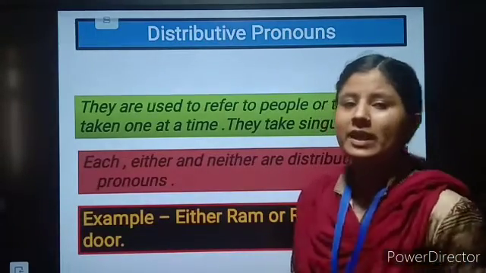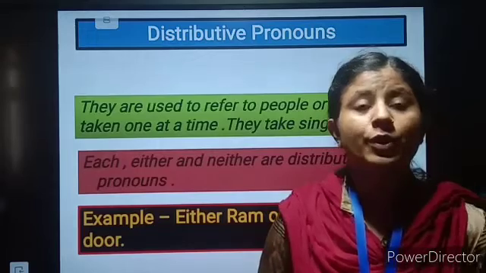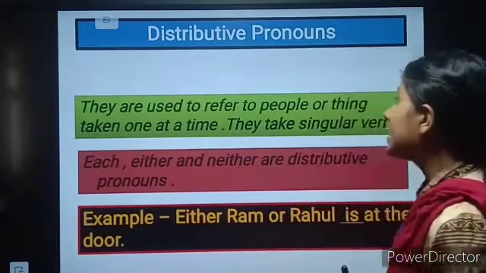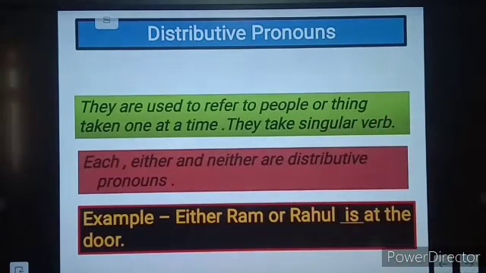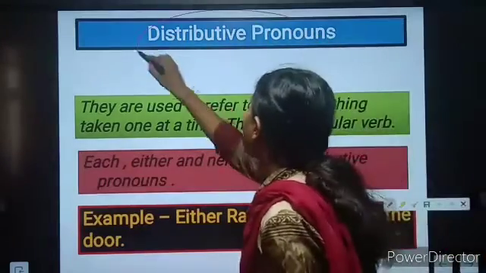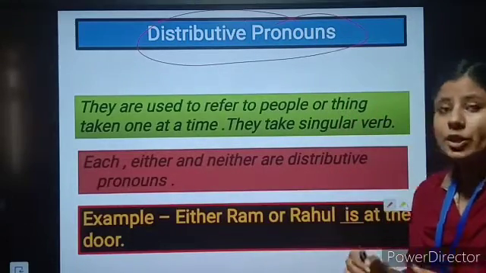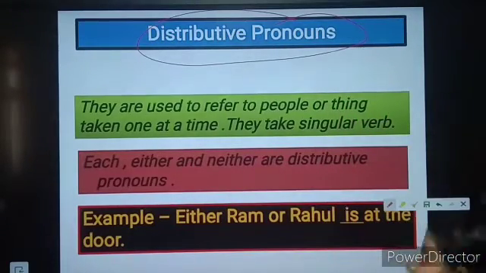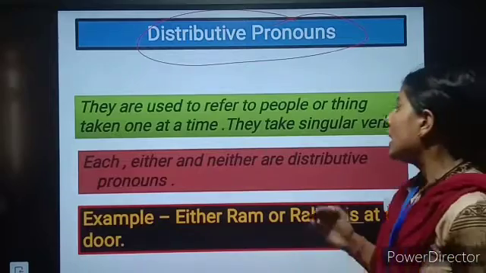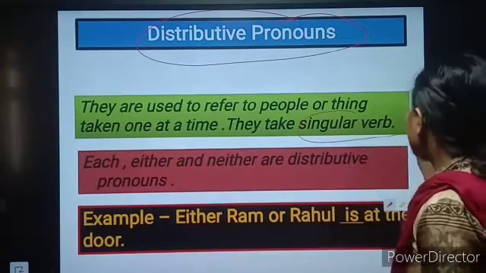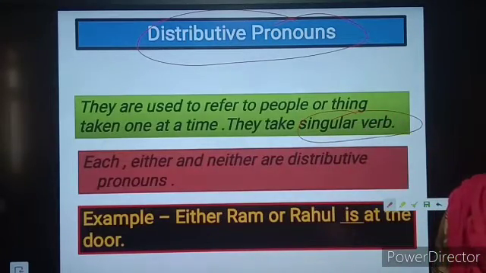So let's understand what is distributive pronoun. Students, they are used to refer to people or things taken one at a time. They take singular verb. So, whenever there is a distributive pronoun in a subject, then they will take singular helping verb.